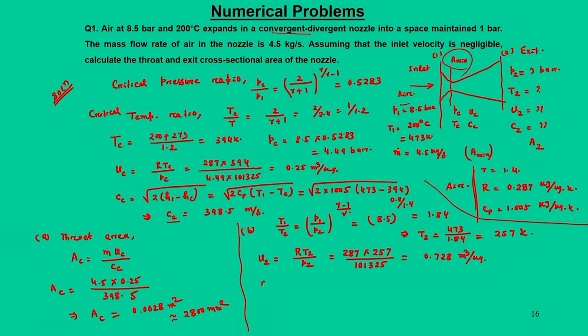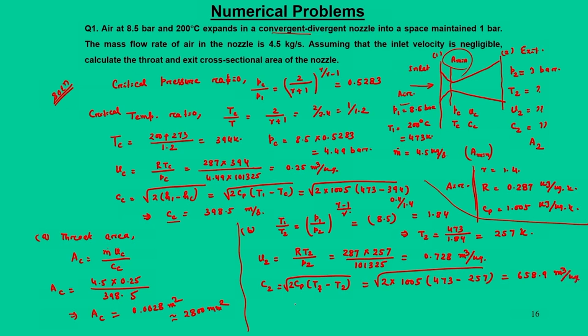Then we can find C2 as the square root of twice Cp times (T1 minus T2). So, that is twice into 1005, T1 is 473 minus T2 which is 257, entire square root, and this is 658.9 meter per second.